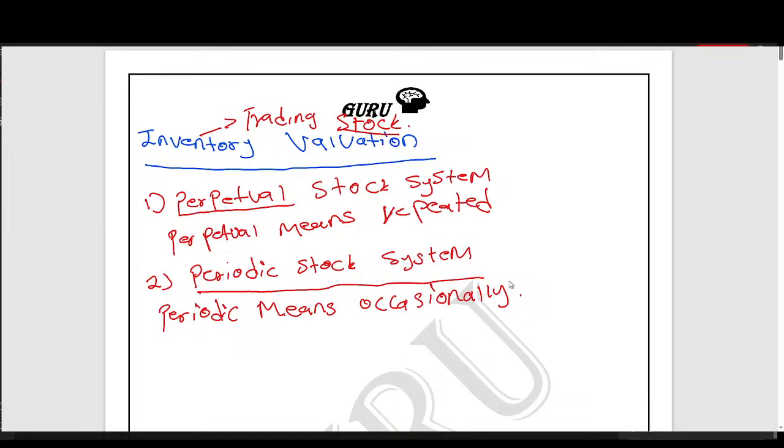And then to emphasize one thing about the perpetual, the barcodes that are on the items for the business contain the following information.